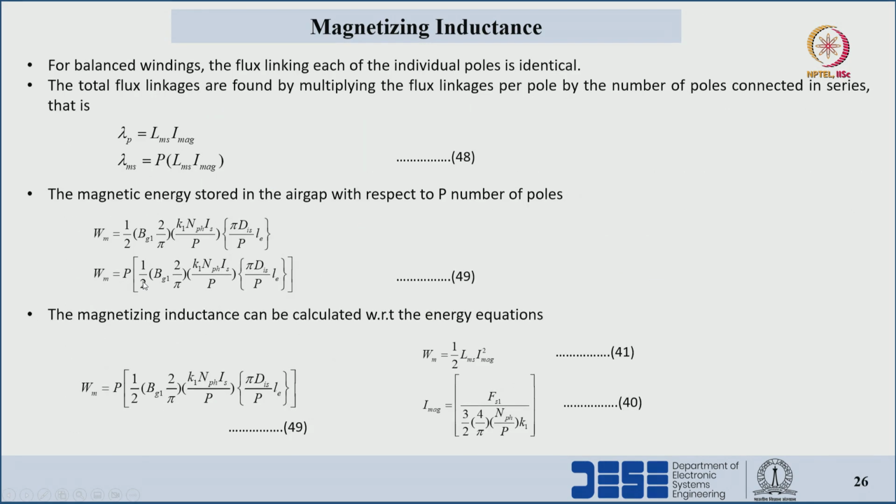Now, for a balanced winding, the flux linking with each of the individual poles is identical. If 4 poles are there, flux linking with respect to the 4 poles will be identical.